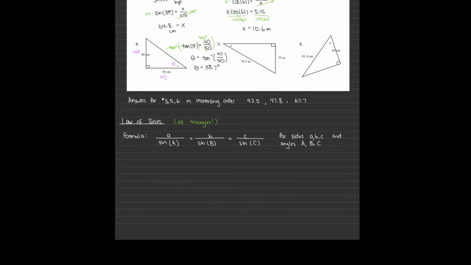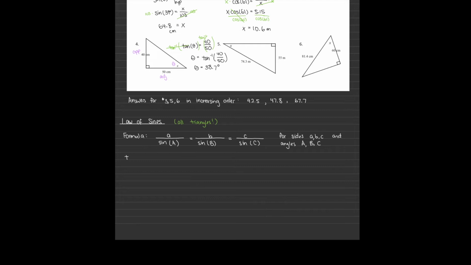The thing to note here is that you're only ever going to use two fractions at a time, not all three. So you might set up a fraction that uses side and angles A and B, or you might be comparing side and angles B and C, but you never need to set up an equation for all three of these.